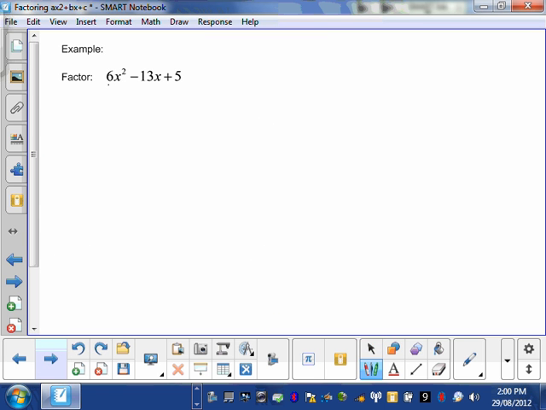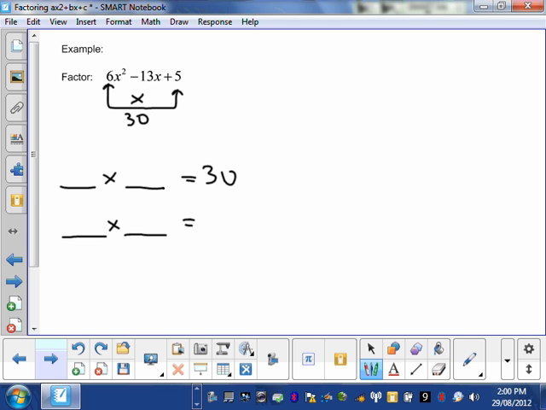We will stick with the method that we just saw in the first example. So when we multiply the first and last coefficient, we get 30. And this is what we are looking for: two numbers whose product is 30 and whose sum is negative 13. Quickly.